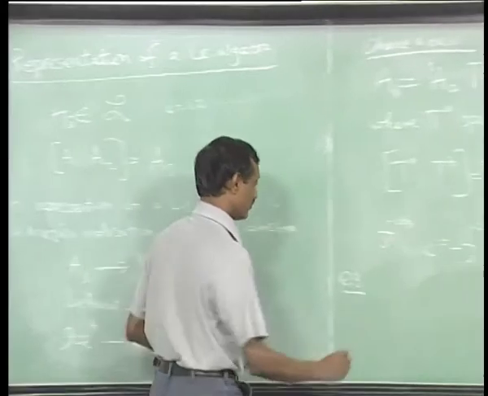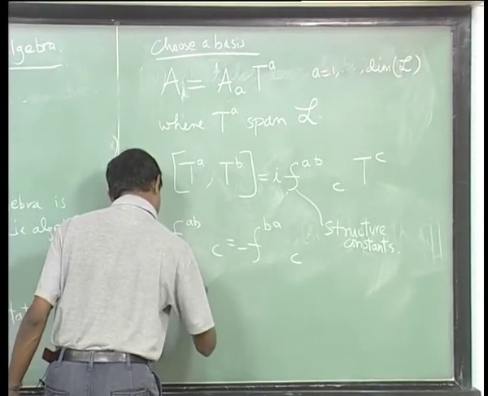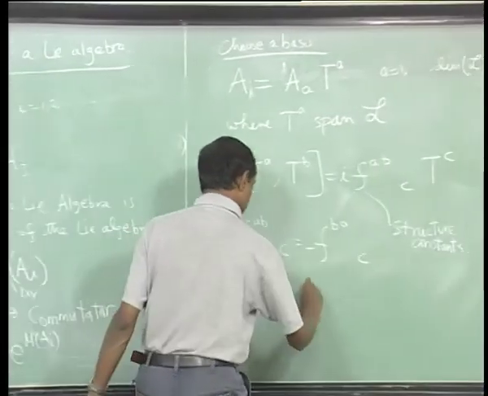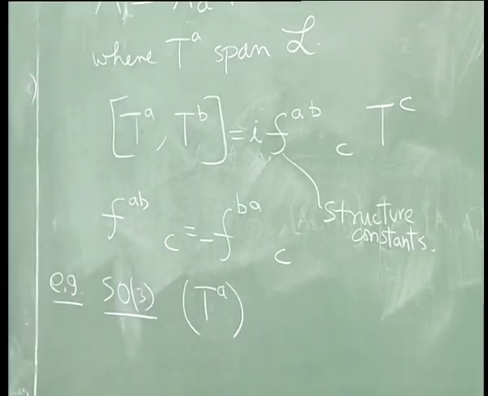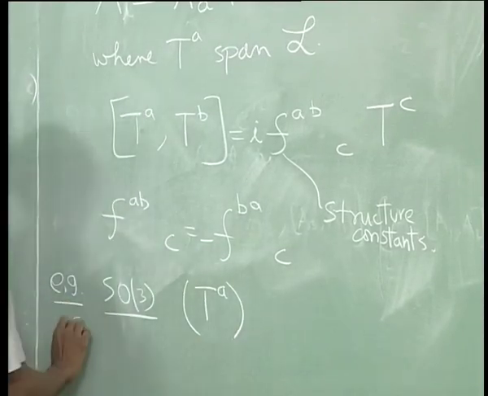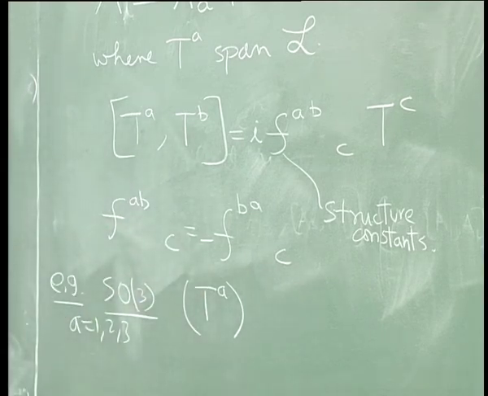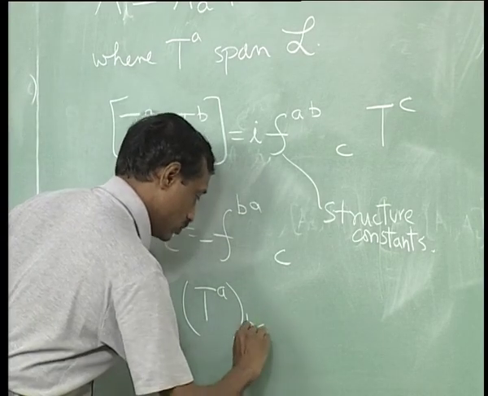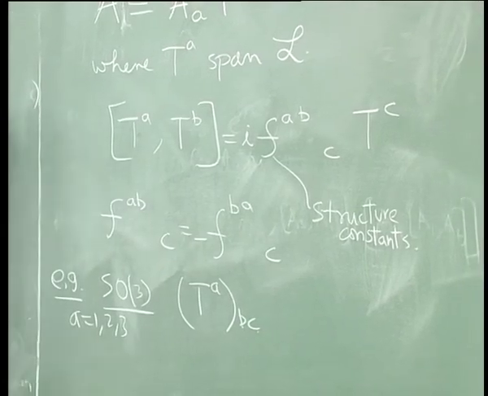So, let us take the case of SO3, and I will give you a 3-dimensional representation. So, for SO3, A will go from 1 to 3. There are 3 of them, so I have to give you 3 such antisymmetric matrices. I will give you a very simple basis, where B and C here are the labels of the matrix.